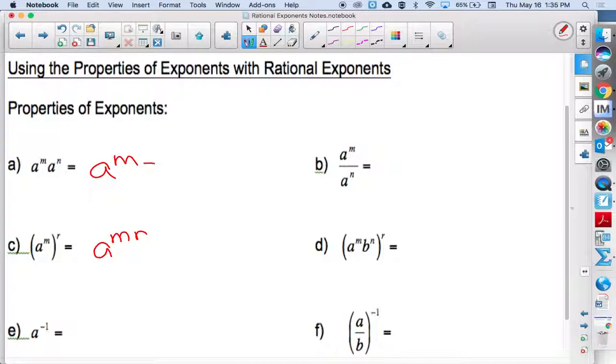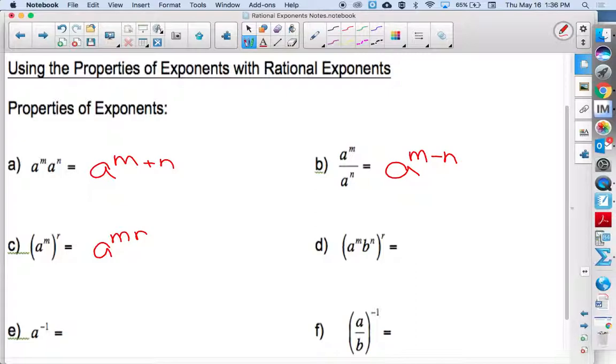There you go, you add them. So when you're multiplying and the bases are the same, you add the exponents together. And then the exact opposite property, if you're dividing and the bases are the same, you subtract the exponents. So that's the way to combine them together.